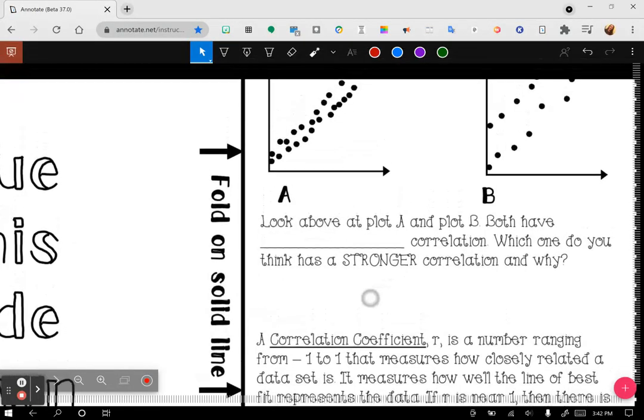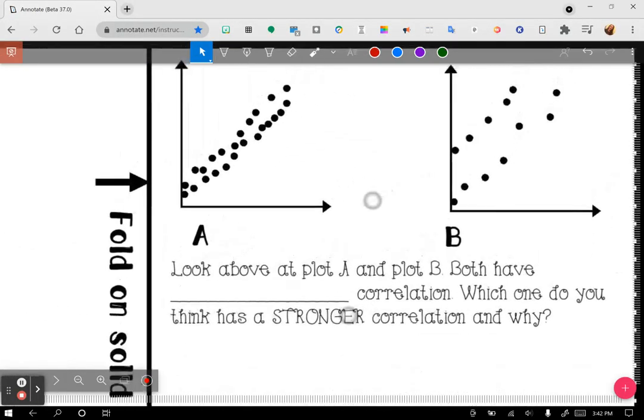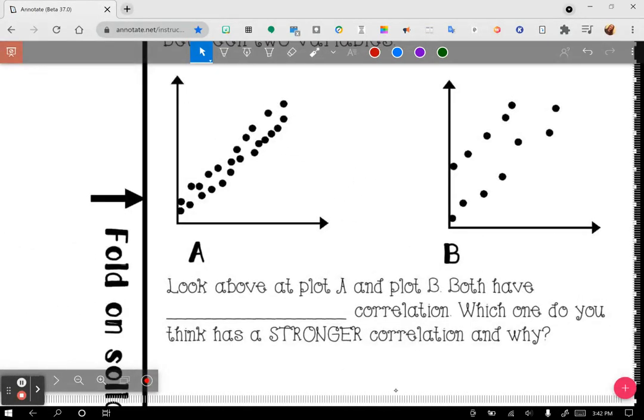So look at these two scatter plots. Here we've got scatter plot A and scatter plot B. Both have what kind of correlation? Well, this is what we talked about yesterday. Both of these have a positive correlation because they're both going in an upward direction.